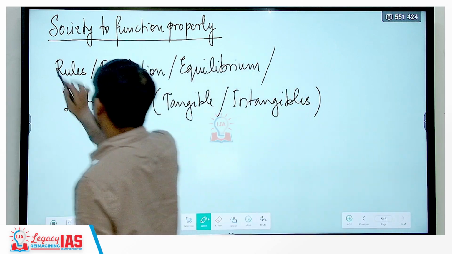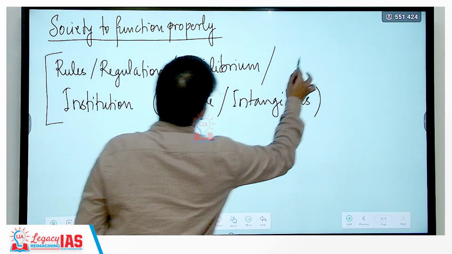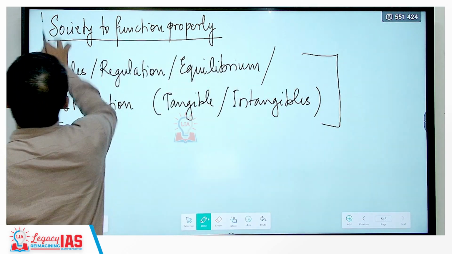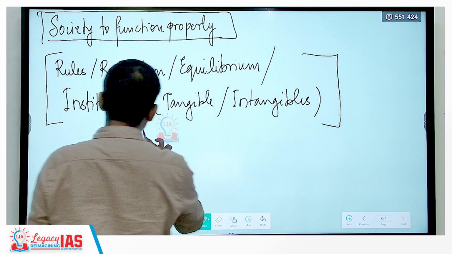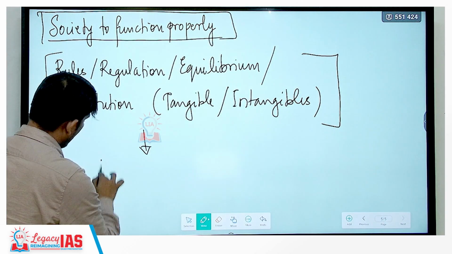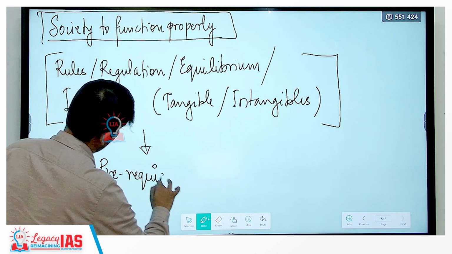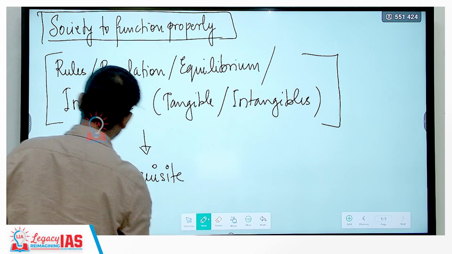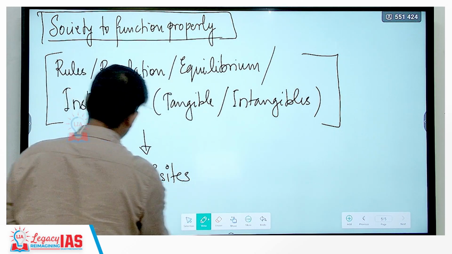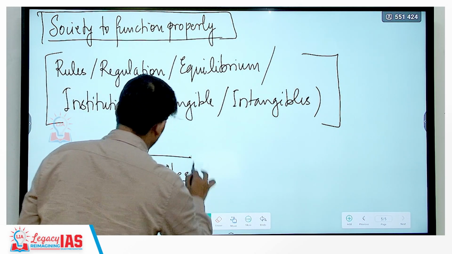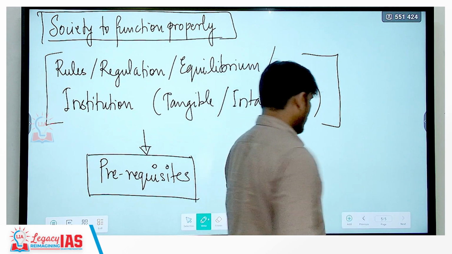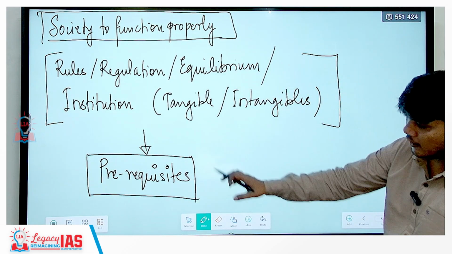So all these things that are required for the society to function properly are known as, remember this word, prerequisites. These words are important because in your sociology optional answer, these terms have to be there.